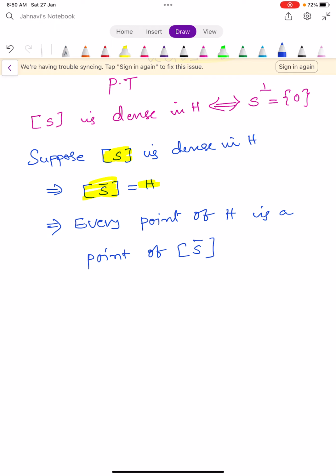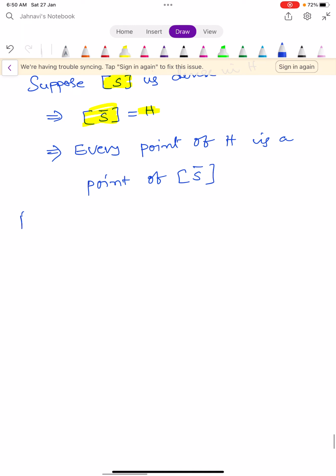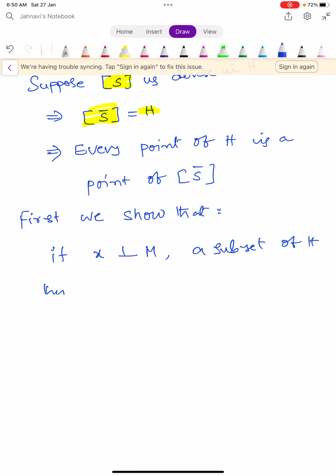So right, remember that. First we show that if x is perpendicular to M, where M is a subset of H, then x is perpendicular to M bar also.